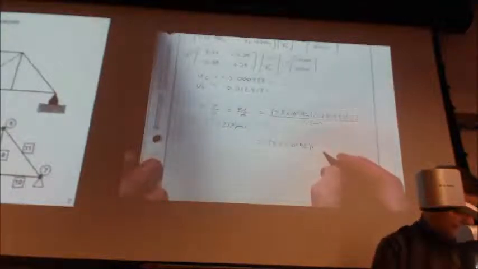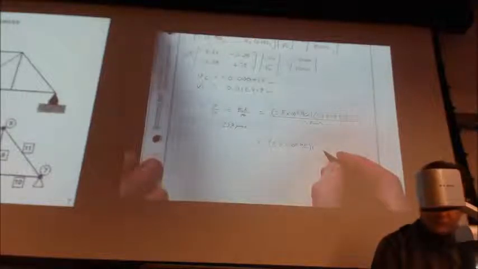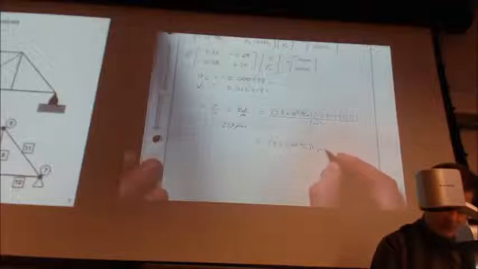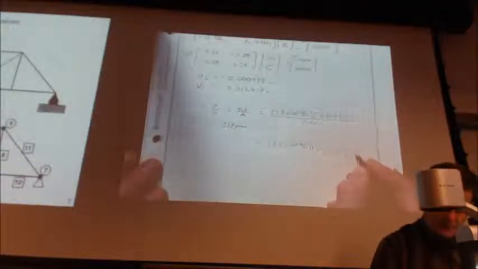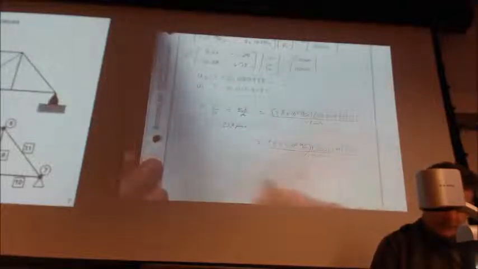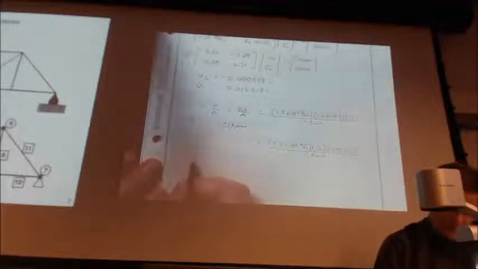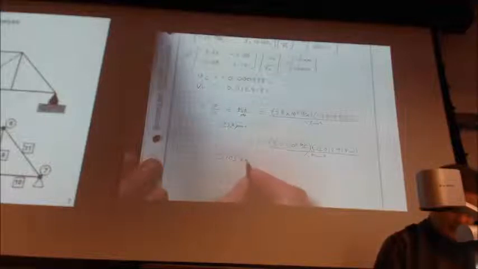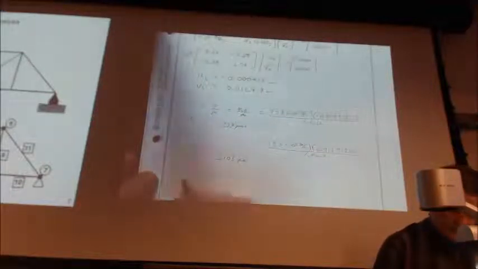And the delta is U2? U2, yep. So we're going to be 0.12419. And our area was 1 inch squared. So sigma 2 gets PSI.